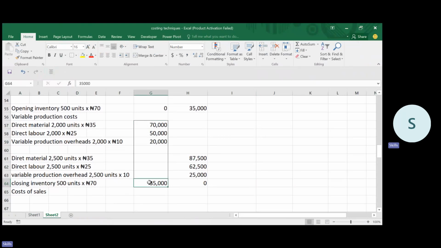We are removing it from here. It's not part of the cost.